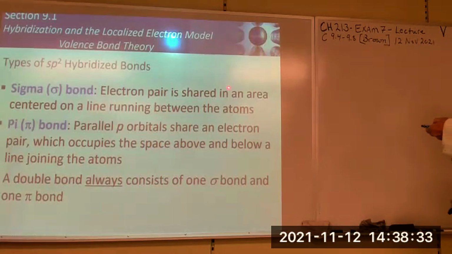So the electron pair that's shared on axis is the sigma. You can only have one of those because there's only one axis between atoms. But the pi bonds can be off axis in two planes, so you can have two pi bonds available.